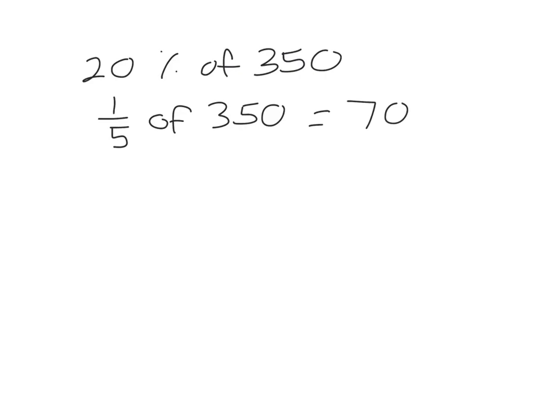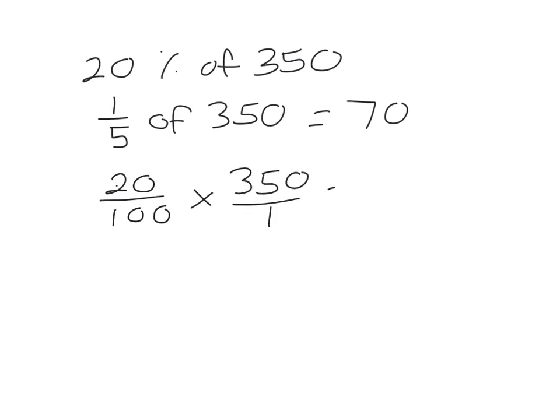However, if you didn't see immediately that 20% is the same as 1/5, then just write your 20% as a fraction, change your of to times, 350 is over 1, and now you can cross simplify or simplify this itself, which would be 1/5.